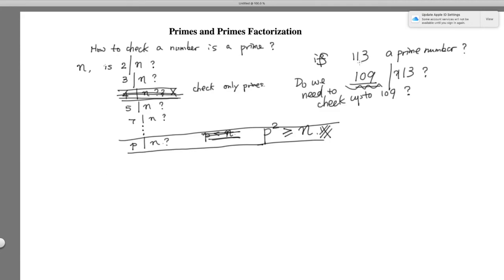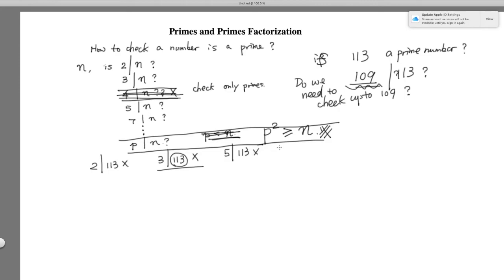So for example, 113. For 113, we check: does 2 divide 113? No. Does 3 divide 113? No. And I hope you remember how you check if a number is a multiple of 3. You just add the digits to see if the sum is a multiple of 3. In this case, it's 5, which is not a multiple of 3, so 113 is not a multiple of 3. Is 5 a divisor of 113?